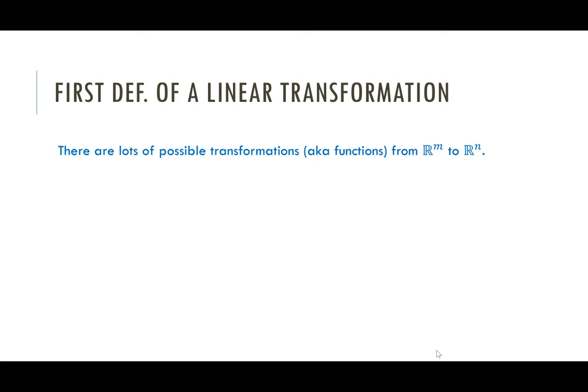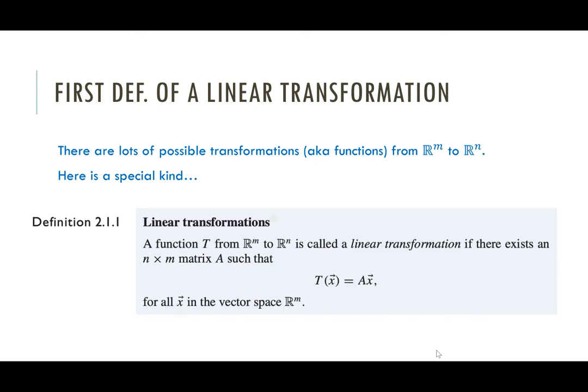But there are lots of possible transformations or functions from Rm to Rn. And here's a special kind. We call them linear transformations if there exists a matrix that can represent that transformation.